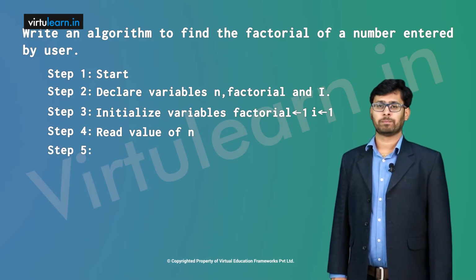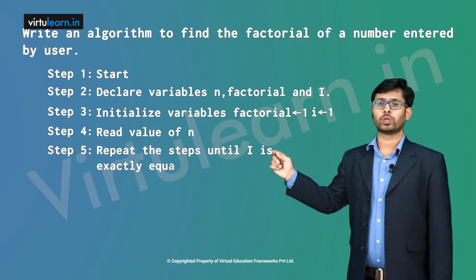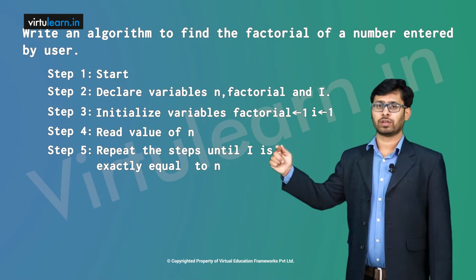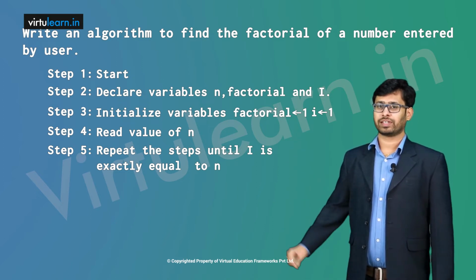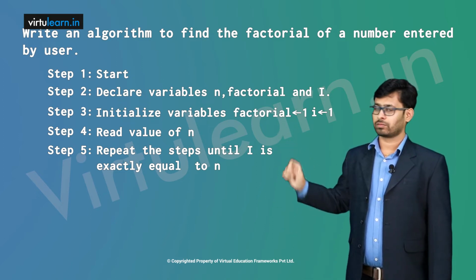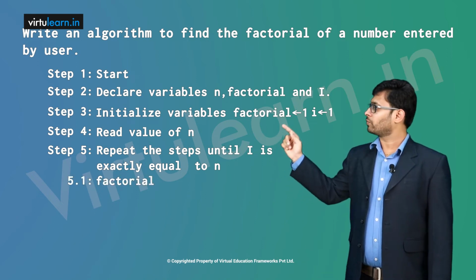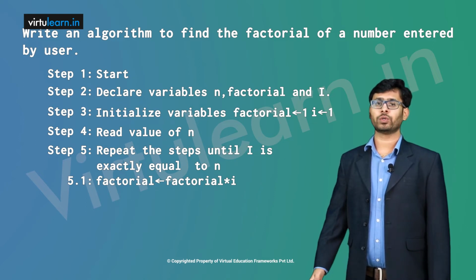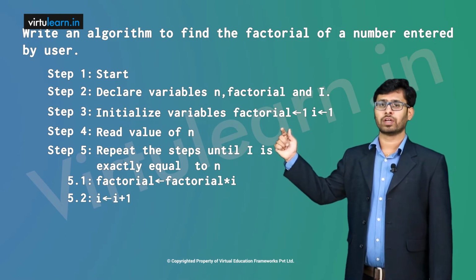Step 5, repeat the steps until I is exactly equal to n. That is, we need to iterate the process till it is equal to n. So there are some internal steps within this. What we need to repeat is factorial equal to factorial into I. Then increment the I value and repeat this process till I is less than or equal to n.